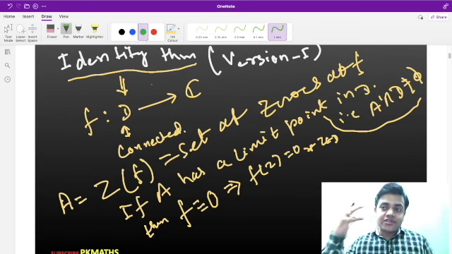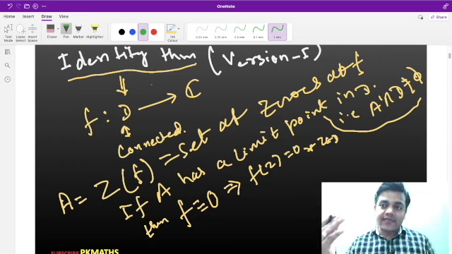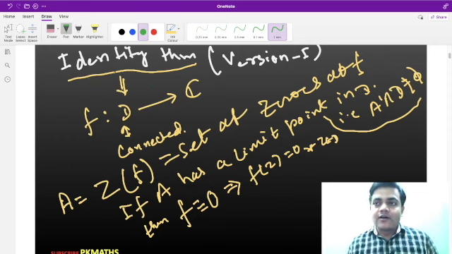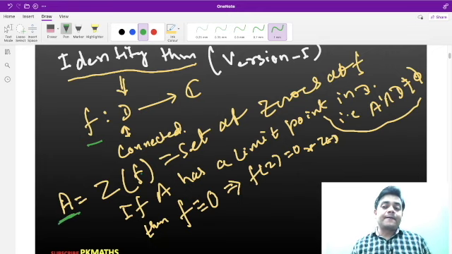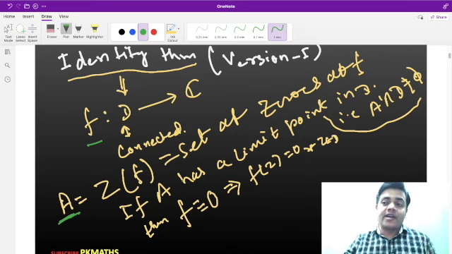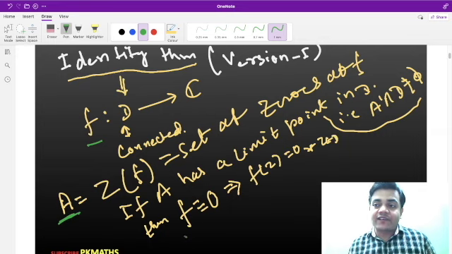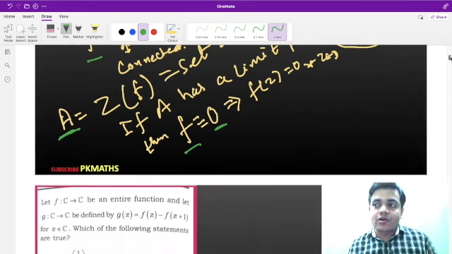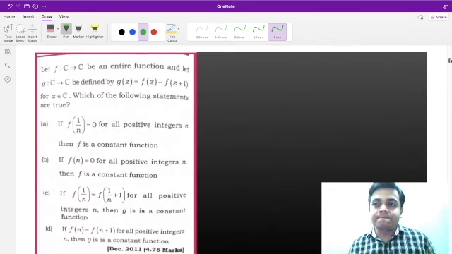Is everything clear? f from D to C, D is connected, A is the set of all zeros of f, and if the limit point of these zeros lies in our domain, then our f is going to become identically equal to 0. Now we are going to apply this statement on our question.